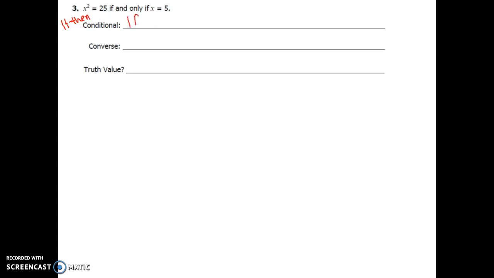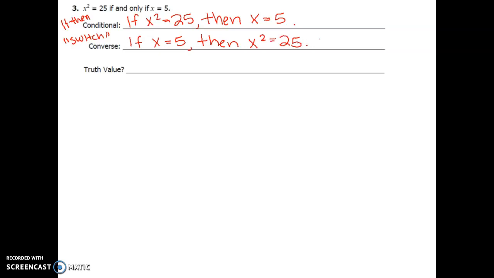I'm going to say if x squared is 25, then x is equal to 5. When I do the converse, I have to switch. So I would say if x equals 5, then x squared has to be equal to 25.